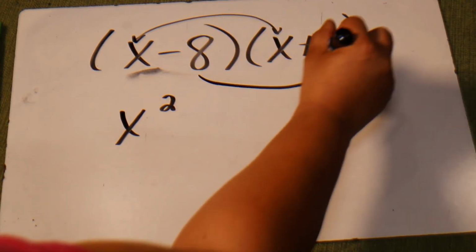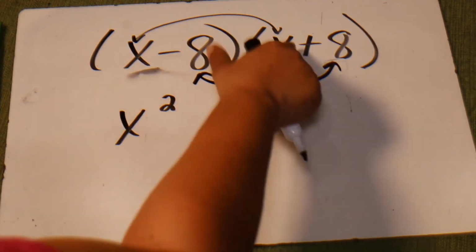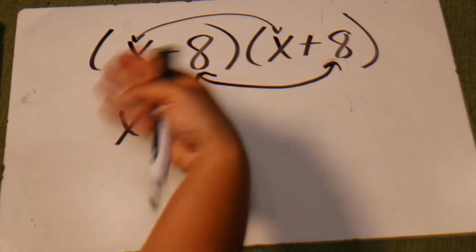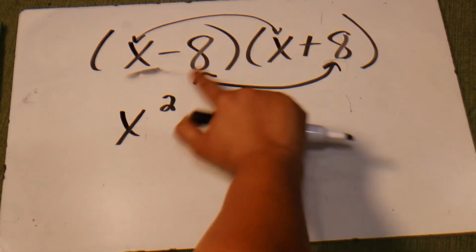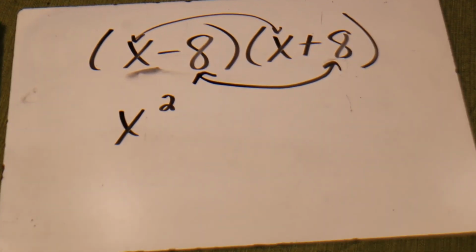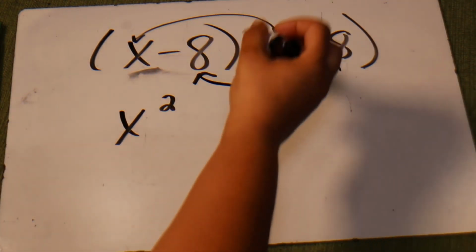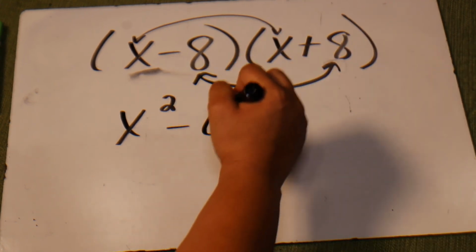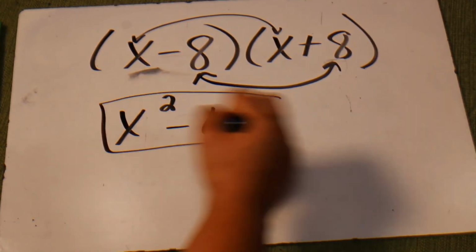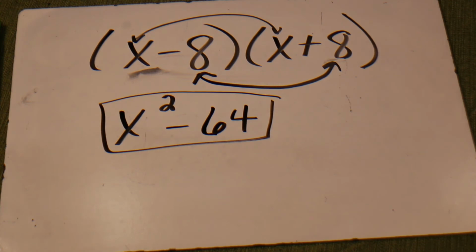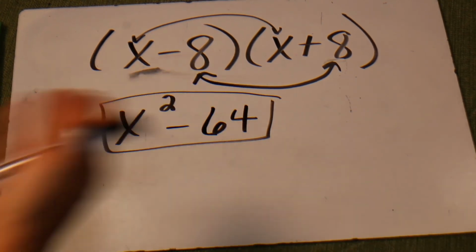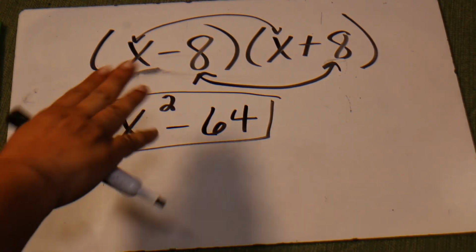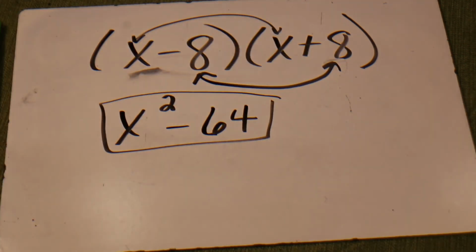Multiply the first term in each parentheses, and the last term in each parentheses. So x times x is x to the second, and negative 8 times positive 8 is going to give you a negative 64. So you can jump straight to this step and skip the middle step when you are familiar with the difference of two squares.